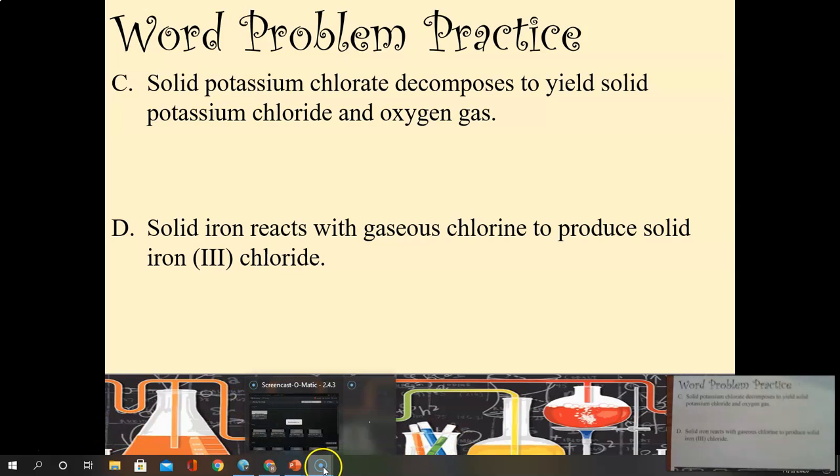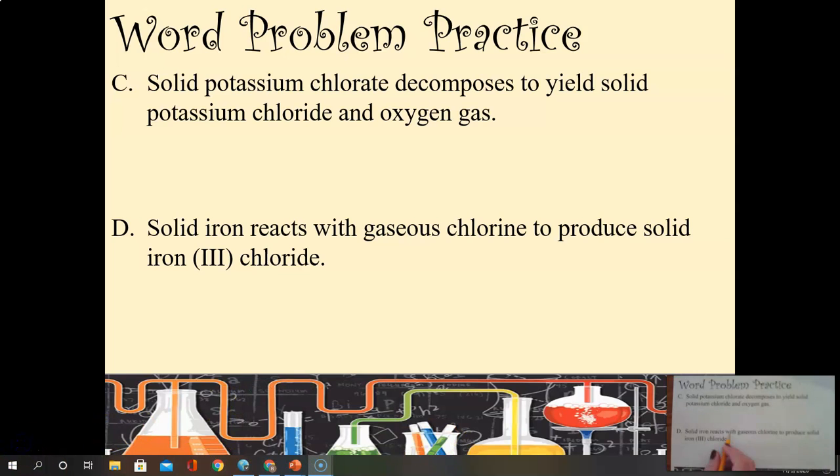So let's see. We're going to go ahead and balance this one, or write it all out. So solid potassium chlorate. Potassium and chlorate, look it up on your list, ClO3. That's plus 1, that's minus 1. So you can write that, solid potassium chlorate, decomposes to yield.